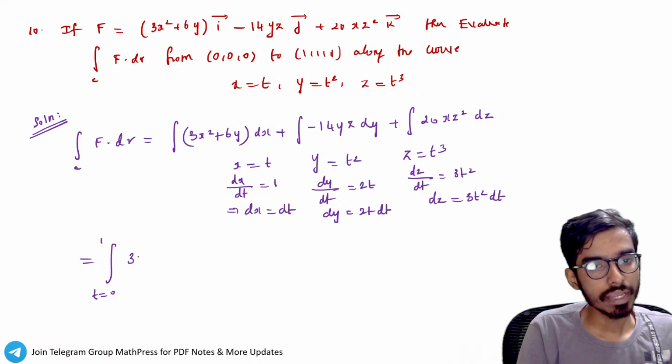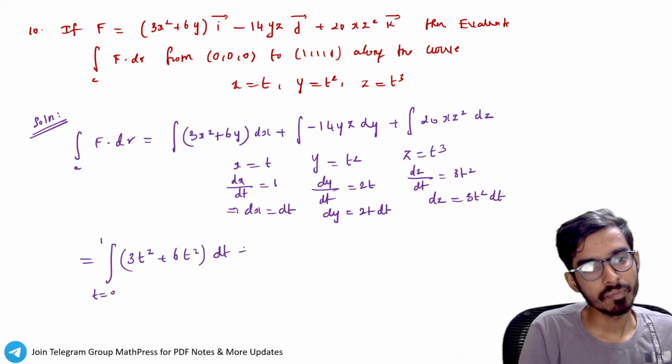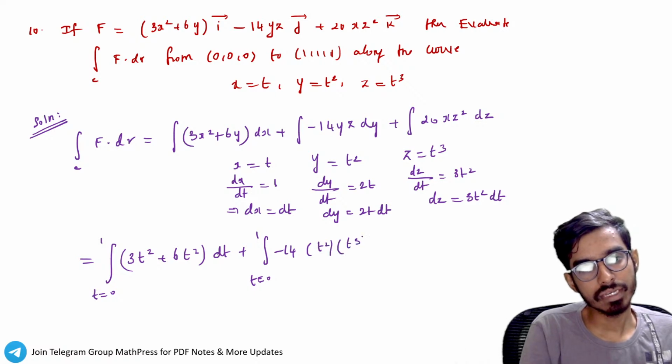So 3x² plus 6 times y. What is dx? dx is dt. I'll do separately. So this will be t varies from 0 to 1, minus 14 times y into z. So y is t², z is t³.